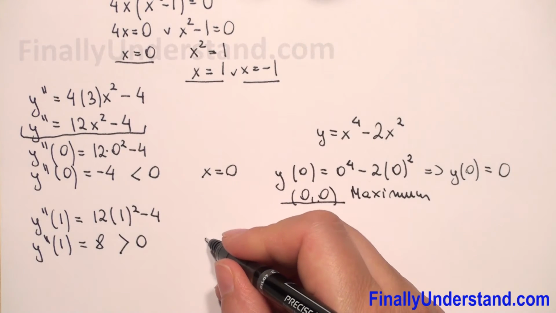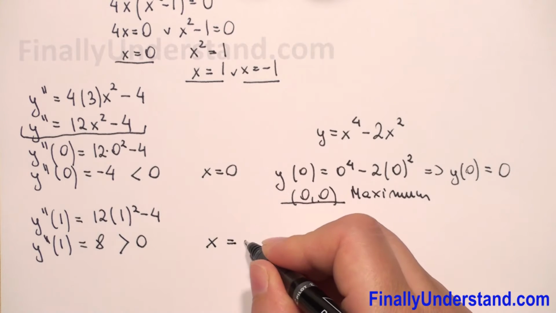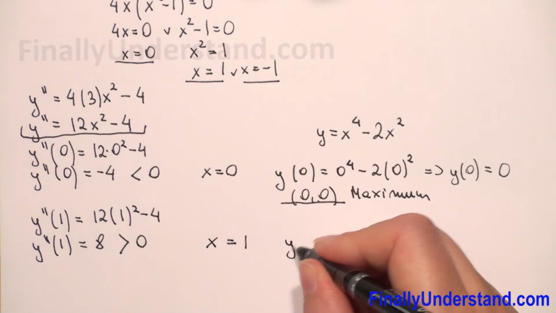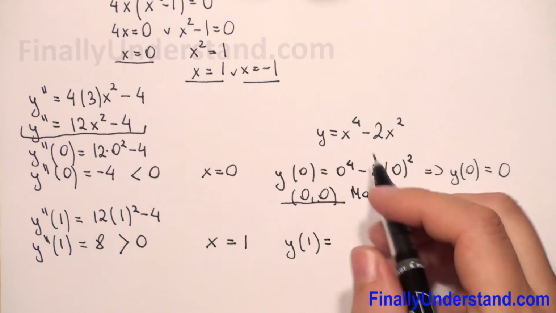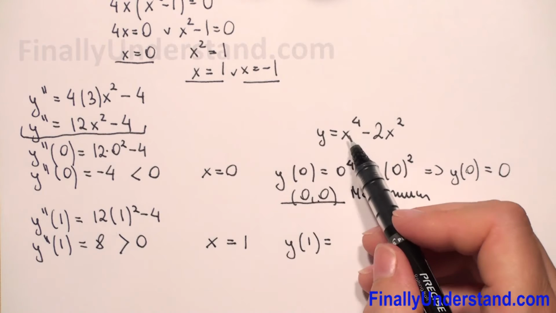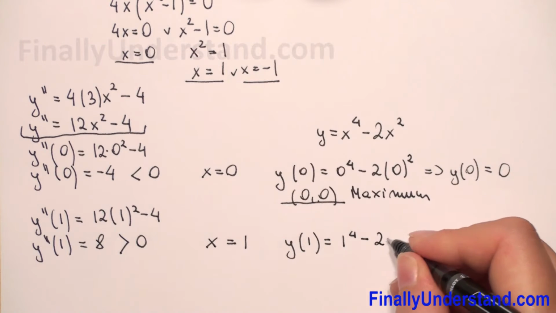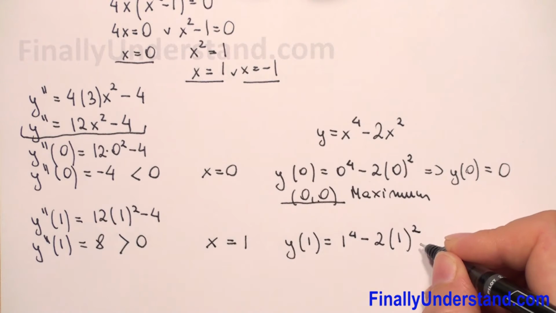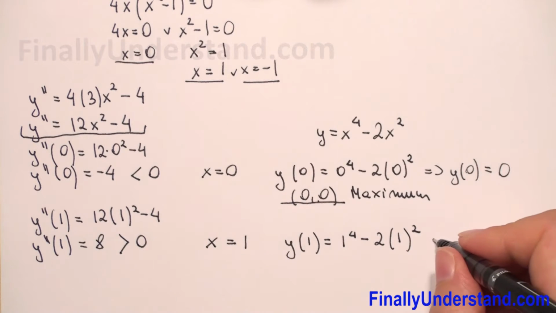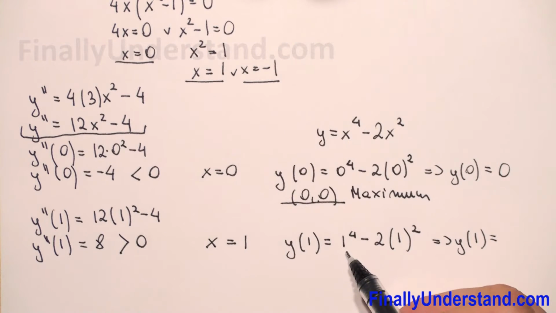Let's calculate this point. We have now x equals 1. So y of 1 will be, this is our function y, we have to replace now x by 1. So it will be 1 to 4 minus 2 times 1 to second power. So we have y of 1 is equal to 1 minus 2, so it's negative 1.